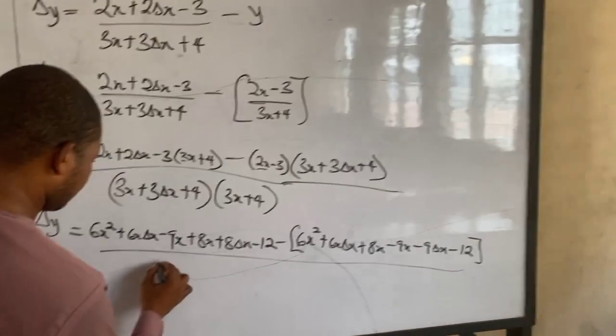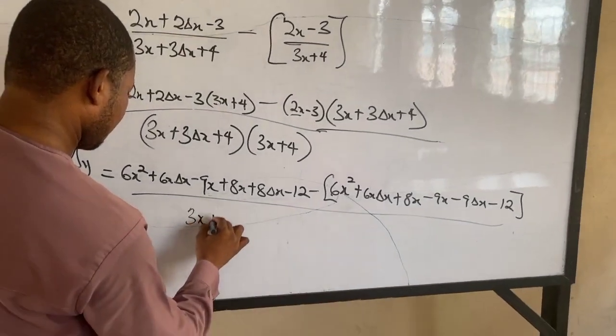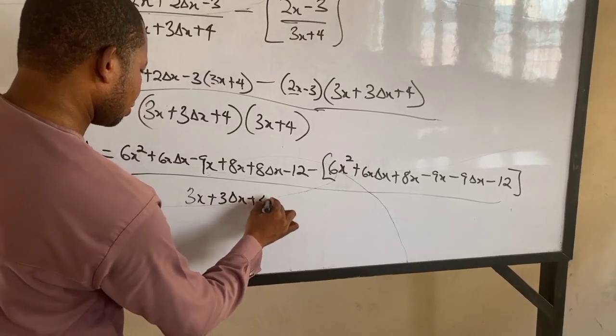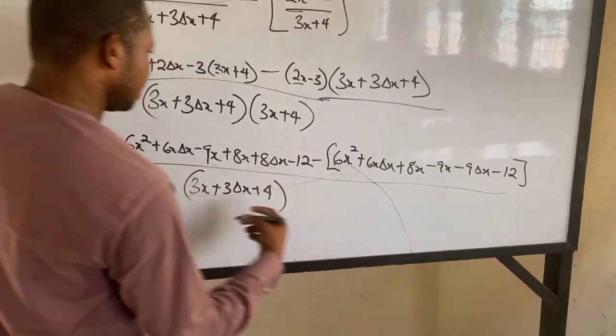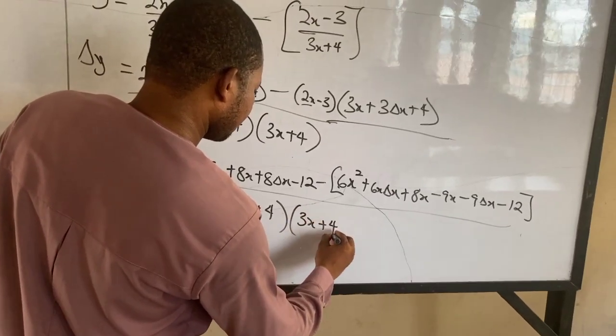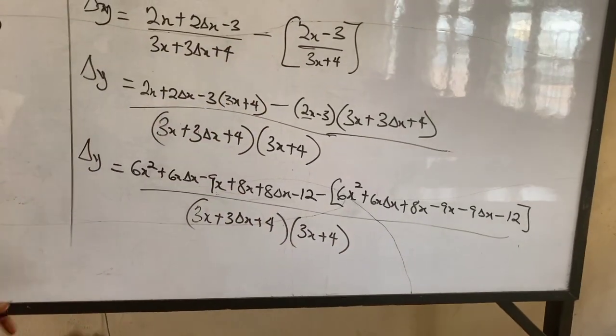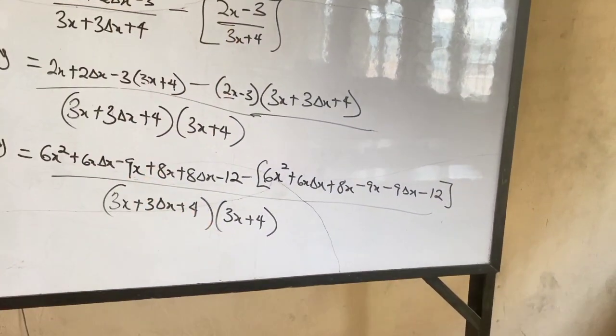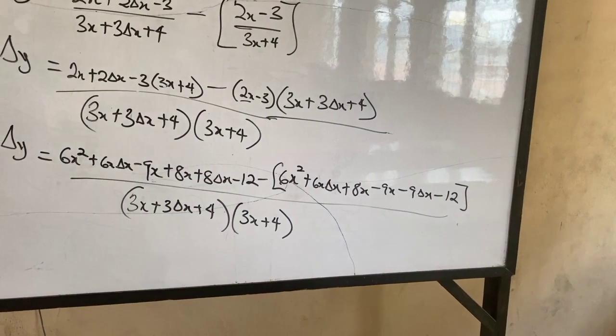the denominator, which is 3x plus 3 change in x plus 4, into 3x plus 4. That is the denominator. So with this, we'll open up this bracket now.